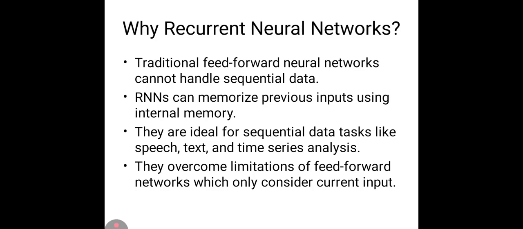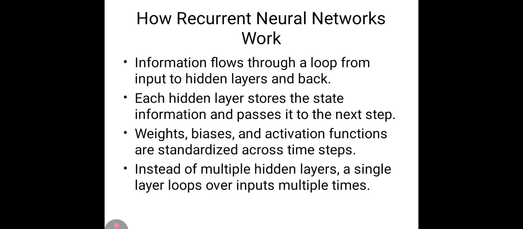So RNN solve this by maintaining an internal memory state that carries forward from one input to the next. Therefore RNN are ideal for applications like speech, text, time series forecasting and any type of sequential processing.